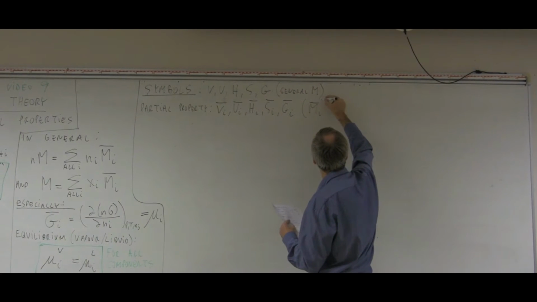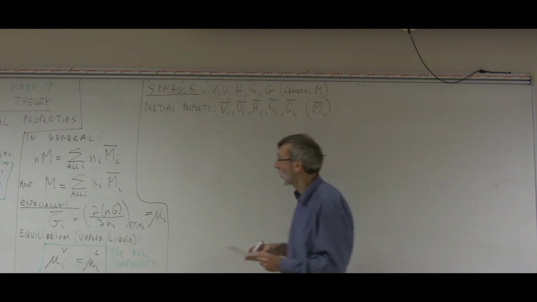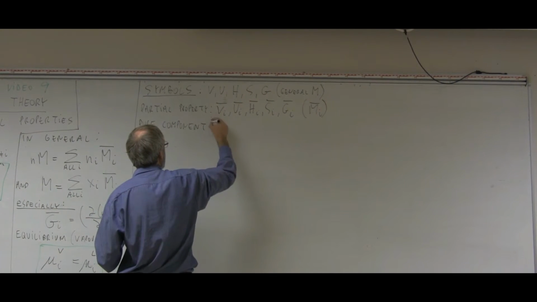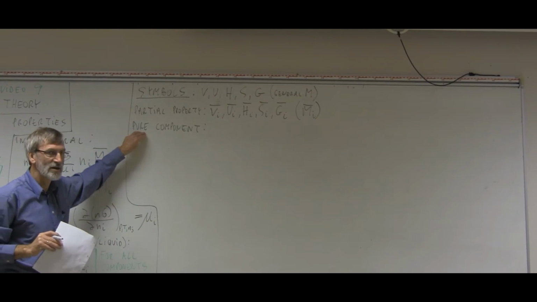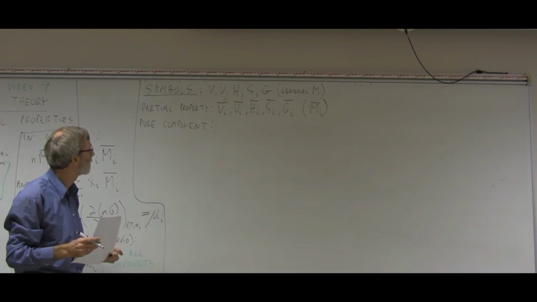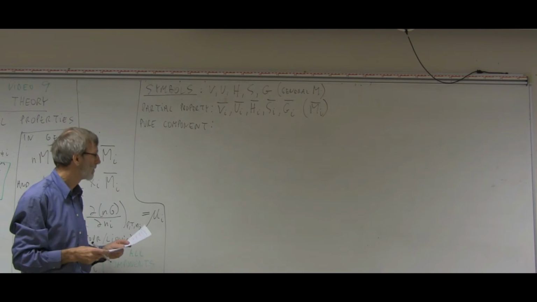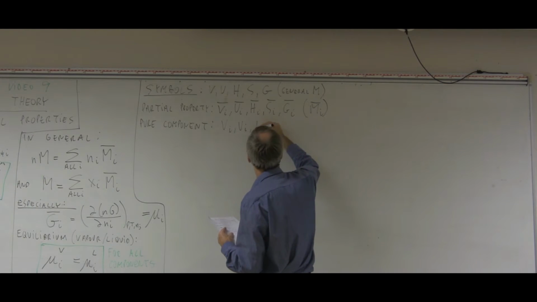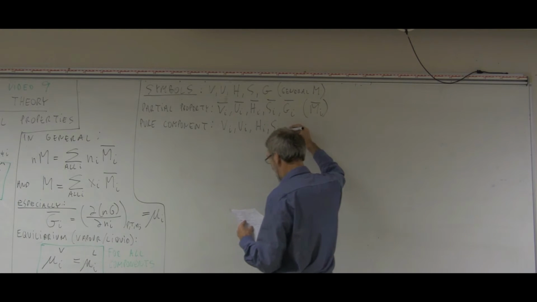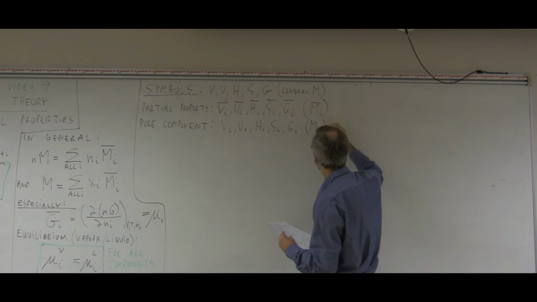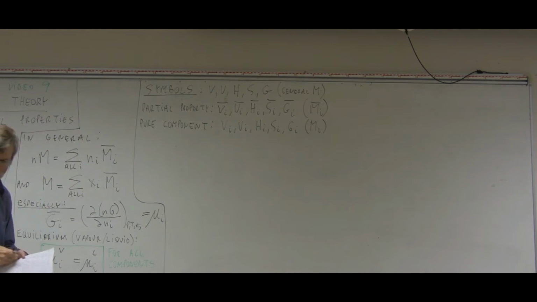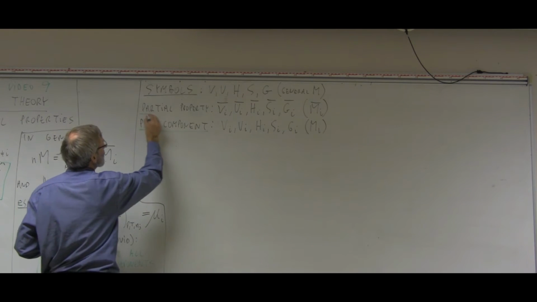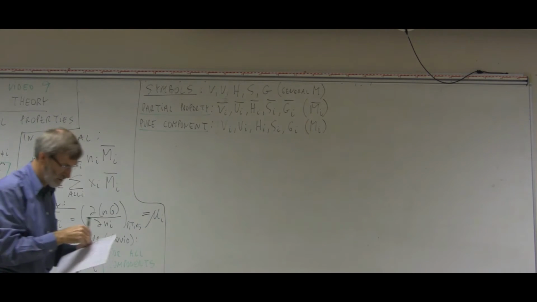And also for the general property. There are different ways to use symbols for pure components, but in the textbook, and I will also use Vi, Ui, Hi, Si, Gi and also Mi for the pure component, and these are symbols for the partial properties.